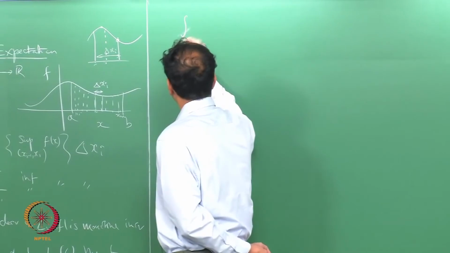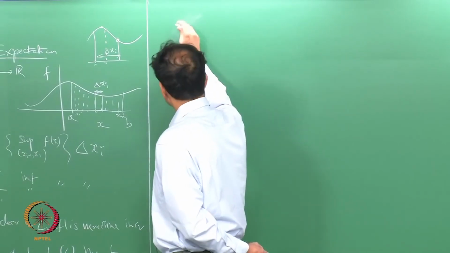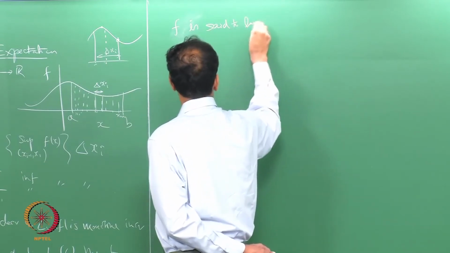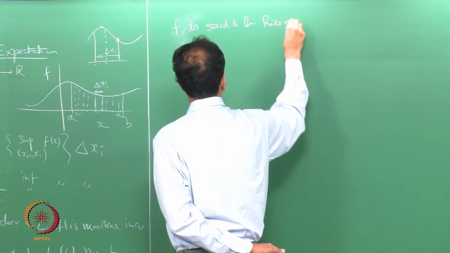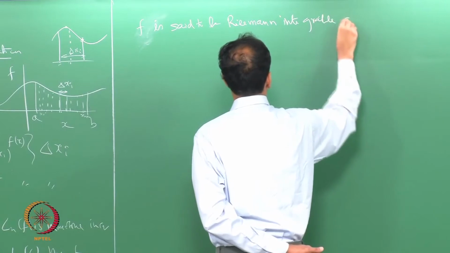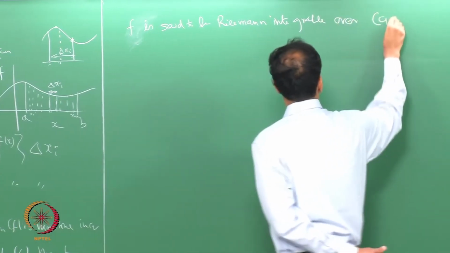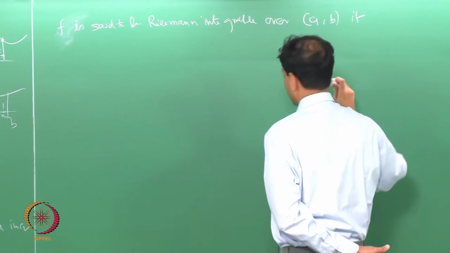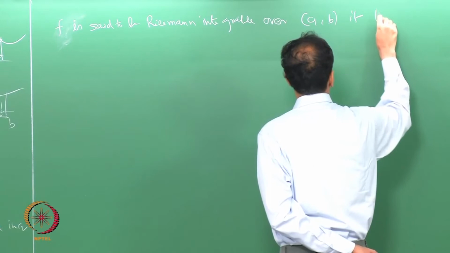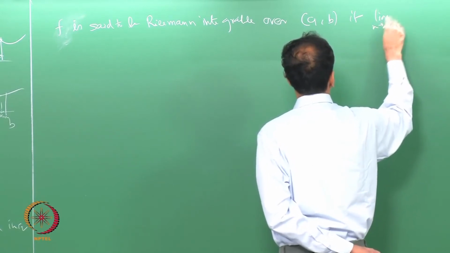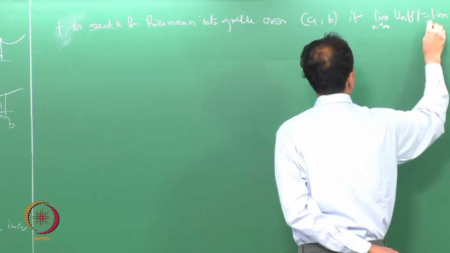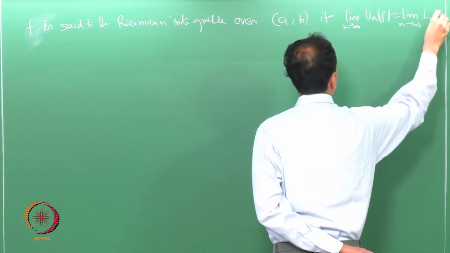So, f is said to be Riemann integrable over [a, b] if the limit of U_n of f is equal to the limit, as n tends to infinity, of L_n of f.